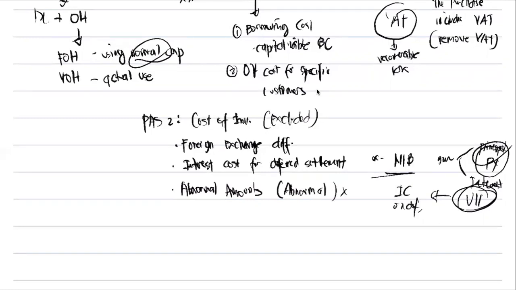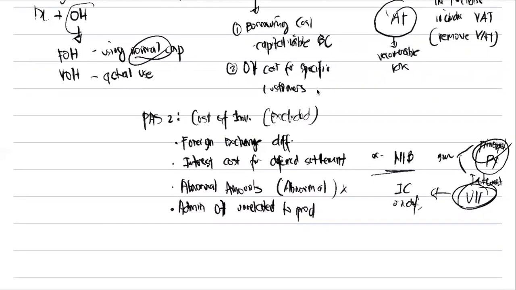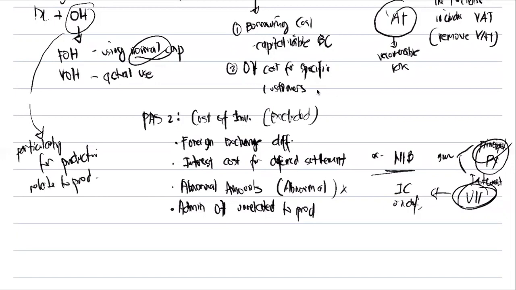Next, we also have your administrative overheads unrelated to production. Take note, for overheads, it must be particularly for production, or it must relate to production. If it is unrelated to production, you exclude it.